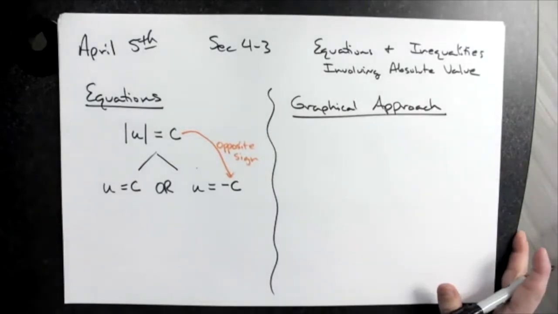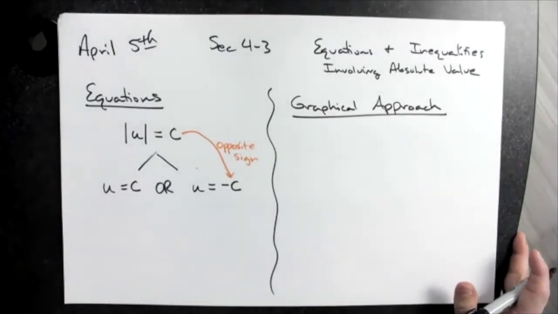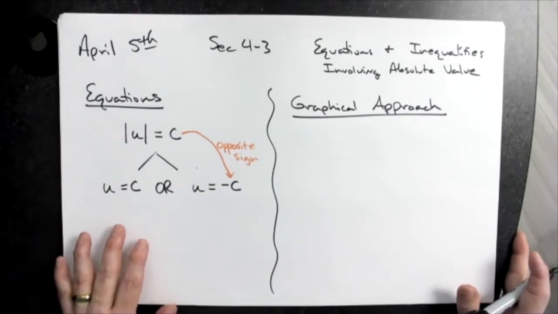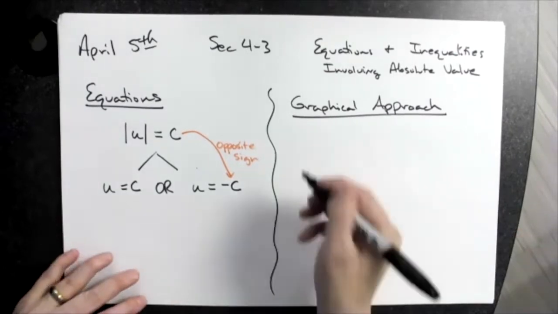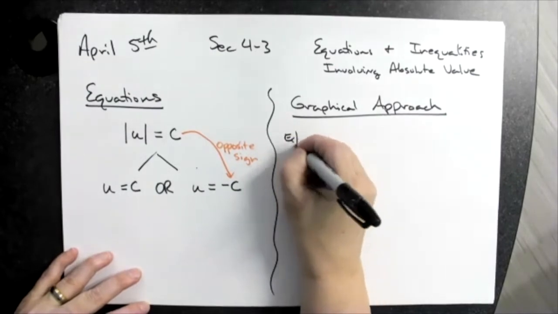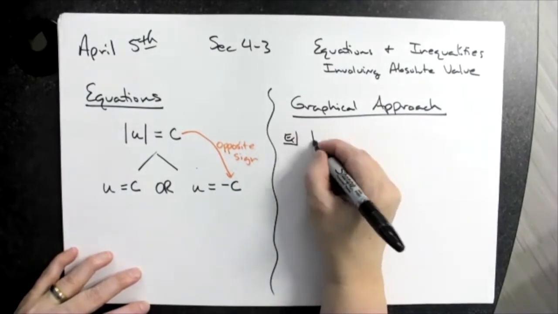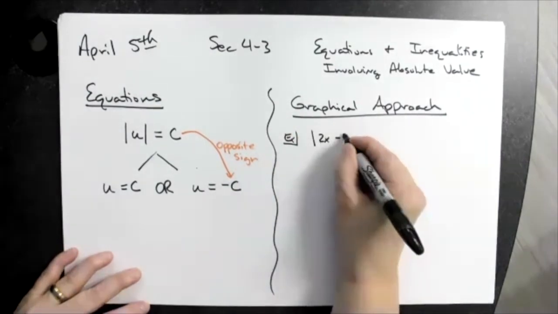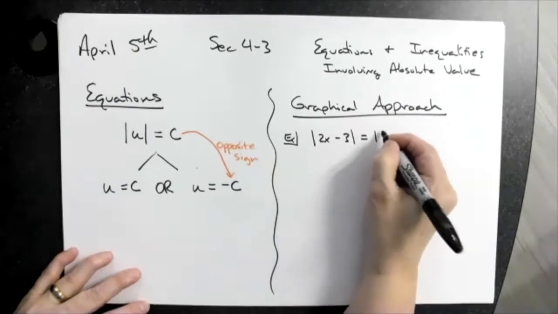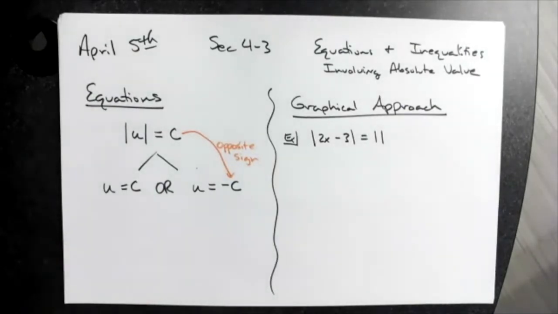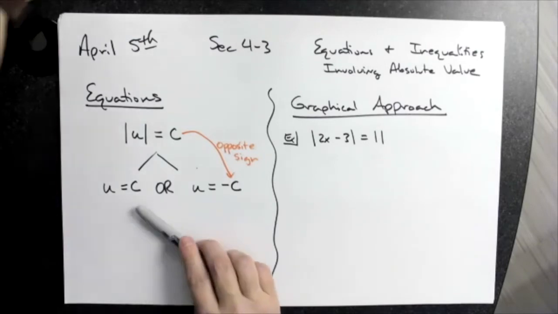You could do this with your graphing calculator, especially if you don't have these equations memorized as to what they look like. But let's say that we had an equation that looked like the absolute value of 2x minus 3 equals 11. I am going to reference our TI-84 graphing calculator.